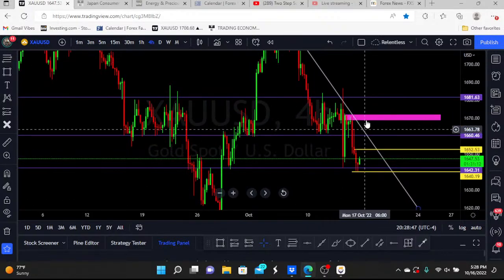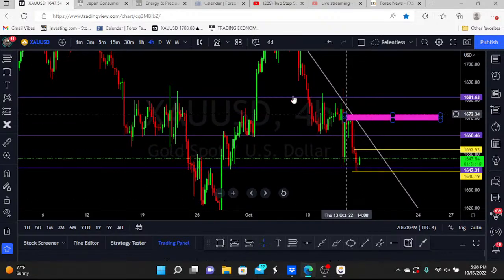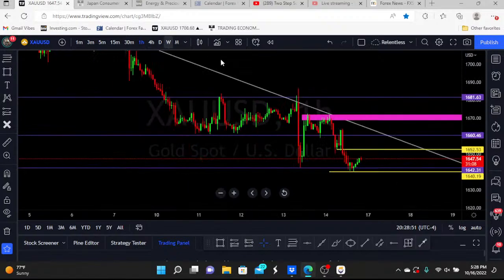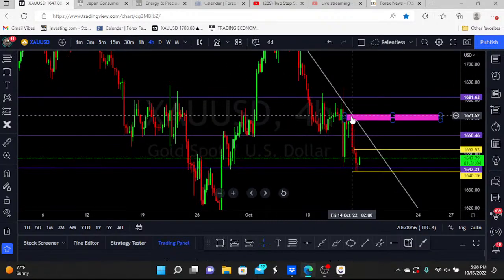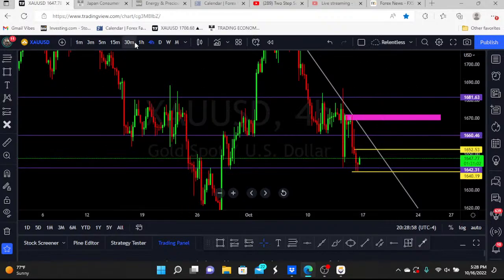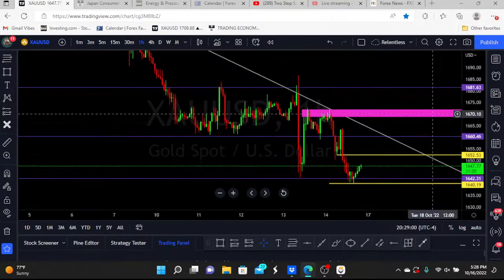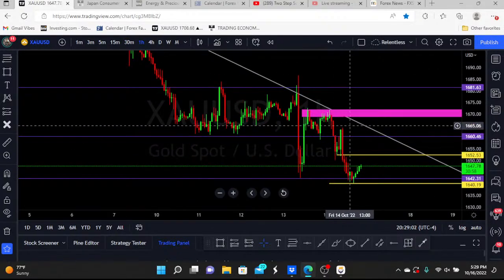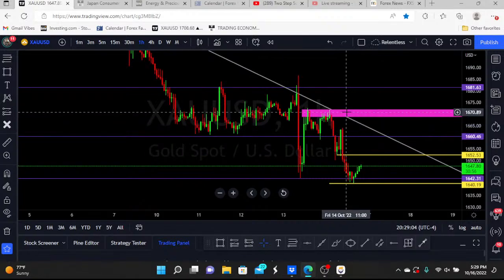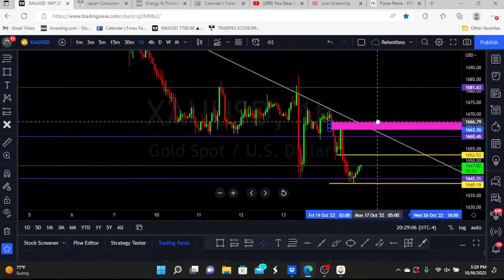That's key level to the downside. Unless this level's broken for real, forget all that. Because this is where on the 4 hour time frame, this is where this move to the downside all started. This is nothing more than a break, retest, key level. You can give it a new key level potentially right here.